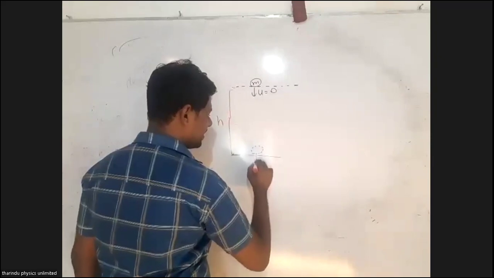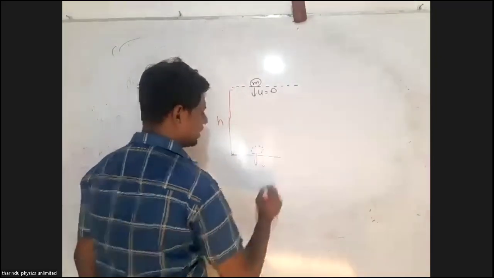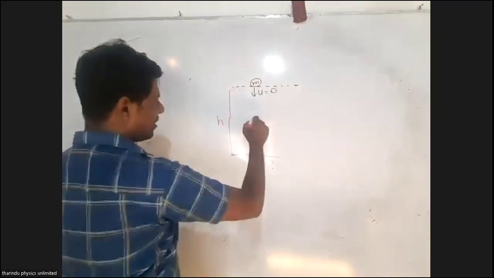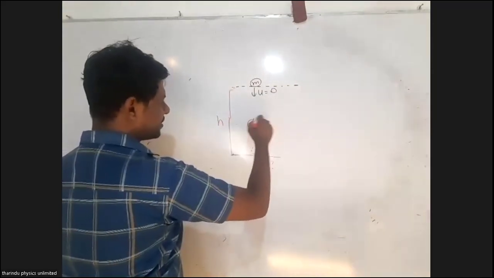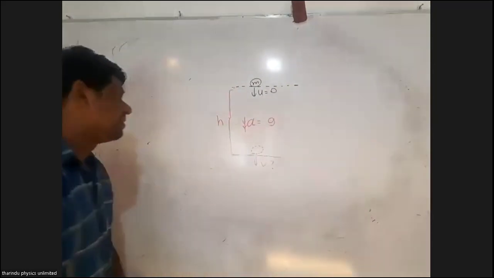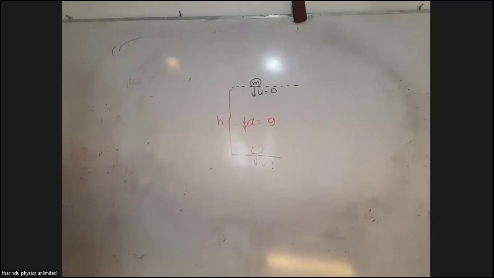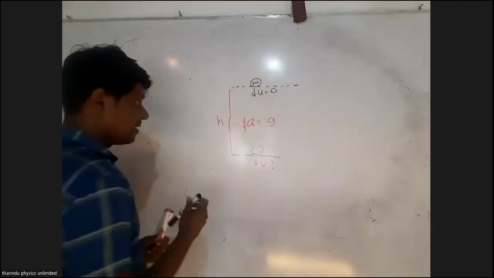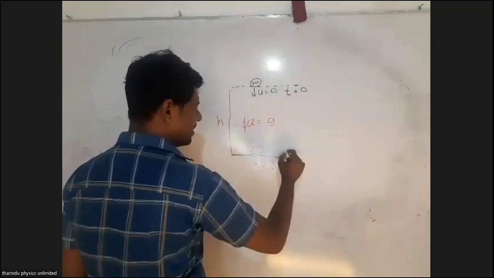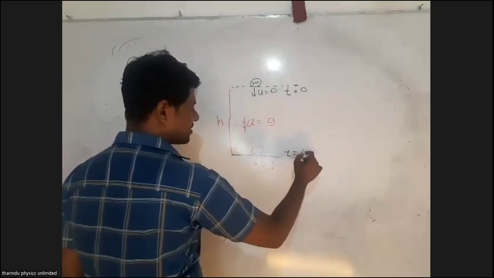Now it may land here with the velocity of v. That is something we don't know. But we know there is one thing that does not change. What is it? The gravity. And it started at a time of 0. It will reach a time of somewhere t.